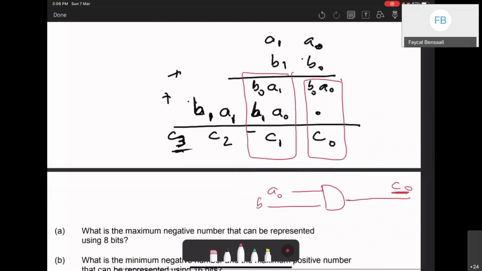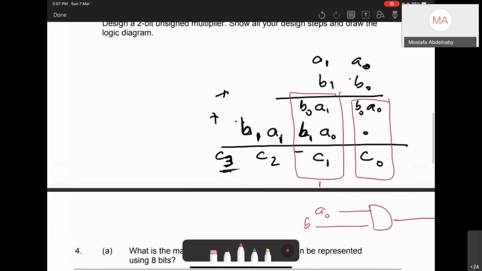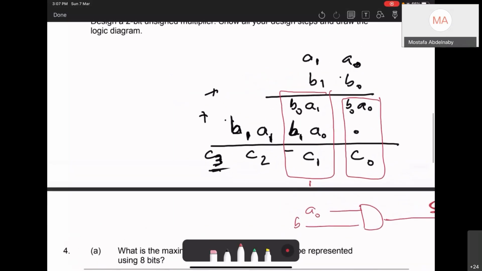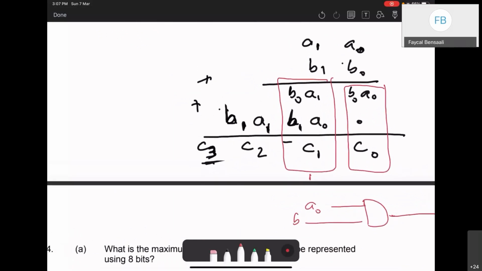It's just an AND gate, right? So we have C0. Sorry, here you said for C2. So what do I need to use? Full adder or half adder? Half adder is 2 bits. Yes, half adder, good. Sorry, I thought you said full adder because we need the carry from the previous one. No, so okay. And what else?